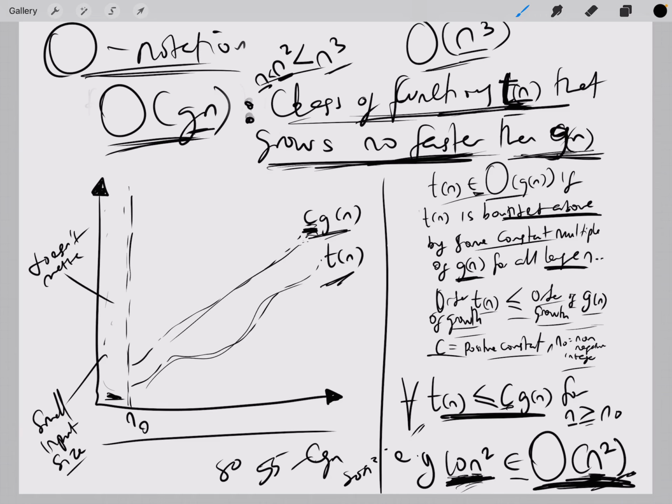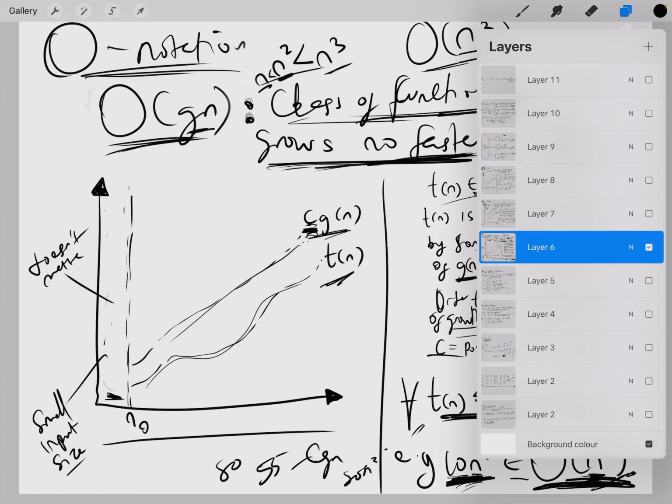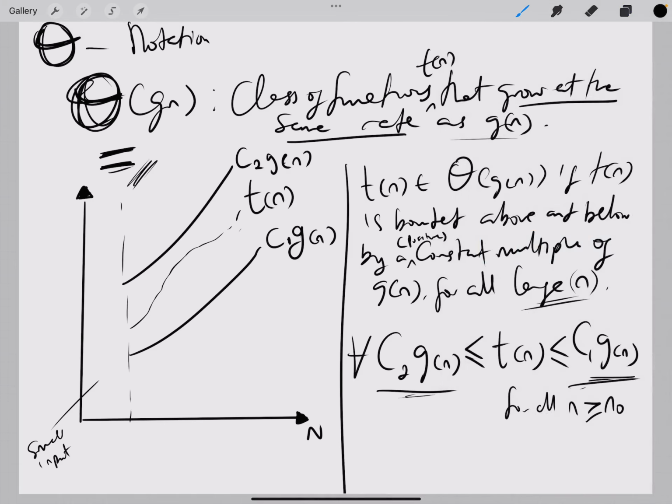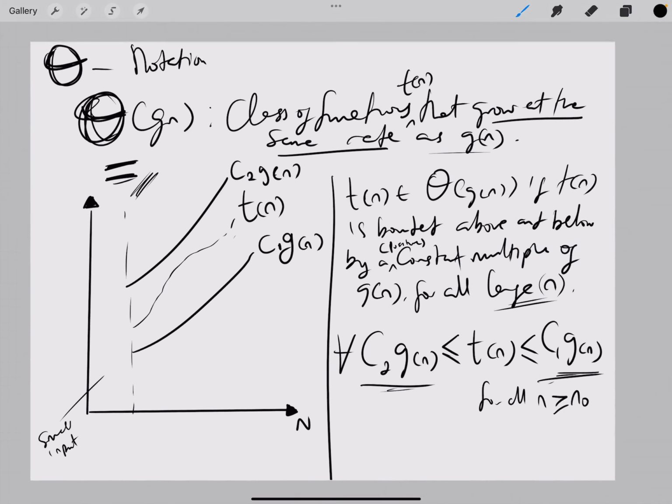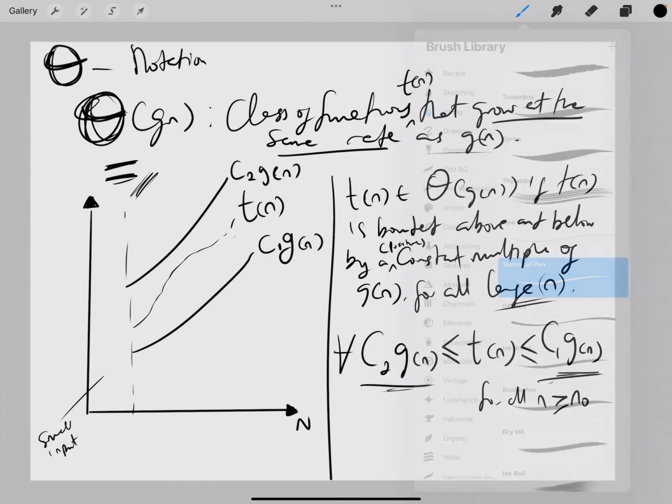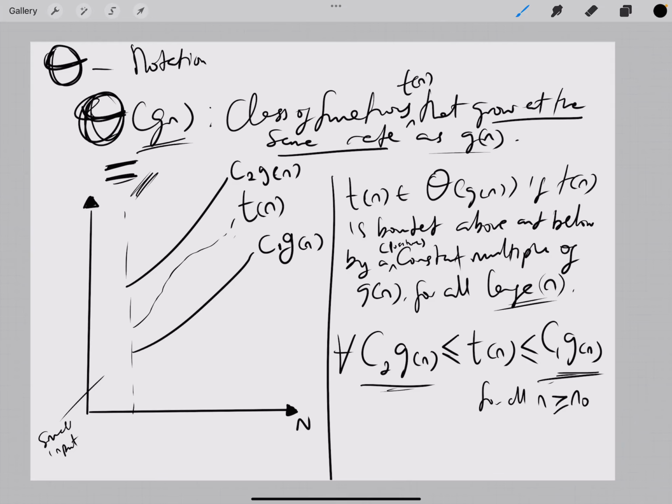Moving forward to the big theta. This is big theta. So for the big theta, we are dealing with the class of functions T of n that grow at the same rate as G of n. So it's not a matter of which one is growing faster than which. There's no less than, there's no greater than there. It's exactly the same rate of growth as G of n.